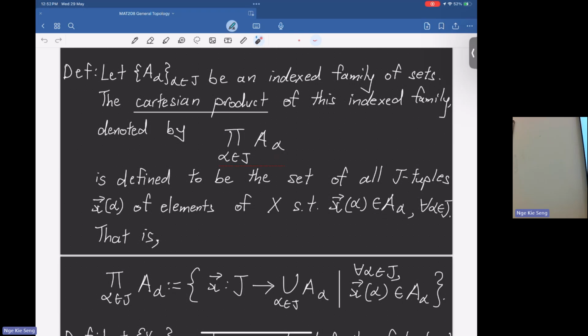For example, R2. What does the point (1, 2) do? x equals 1, y equals 2. In the first coordinate, you pick out a number in the real numbers, which is 1.